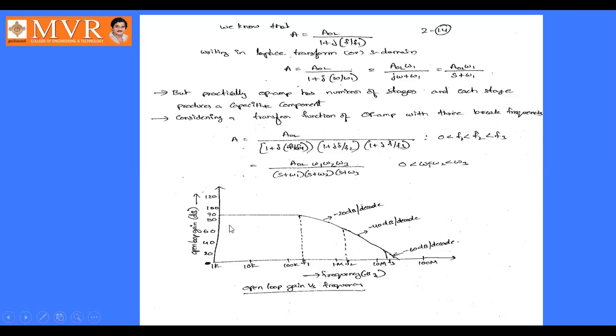From this diagram, you can see the frequency response of an operational amplifier. On the x-axis we take the frequency, from 1 kilohertz to 100 megahertz. On the y-axis we consider the open loop voltage gain, AOL, in decibels. From 1 kilohertz to F1, the first corner frequency, the gain is almost constant.